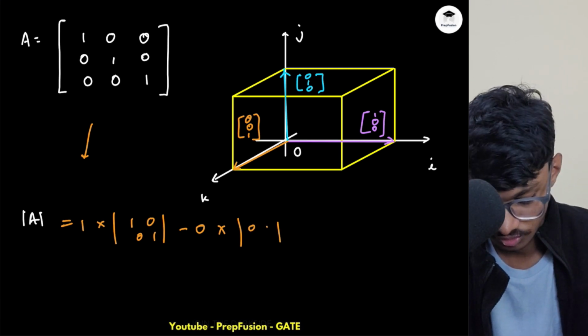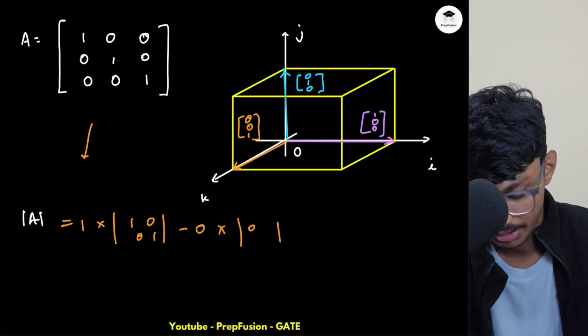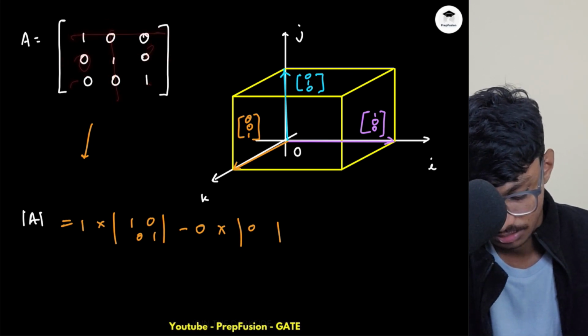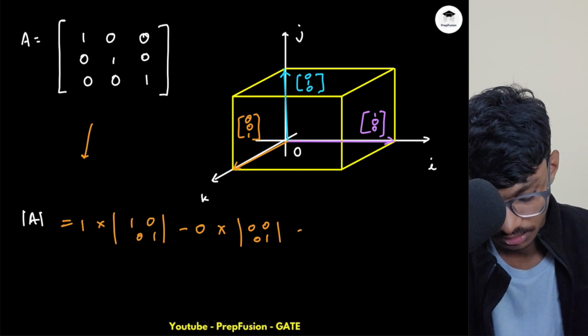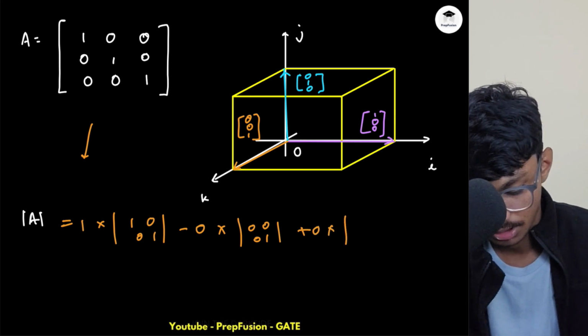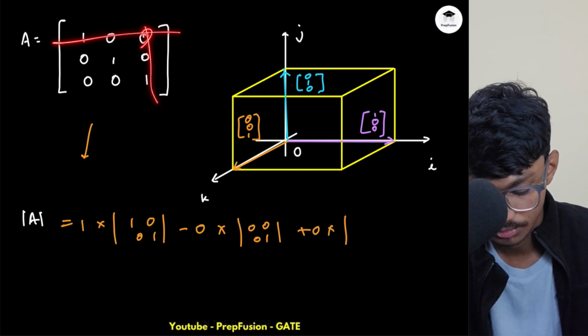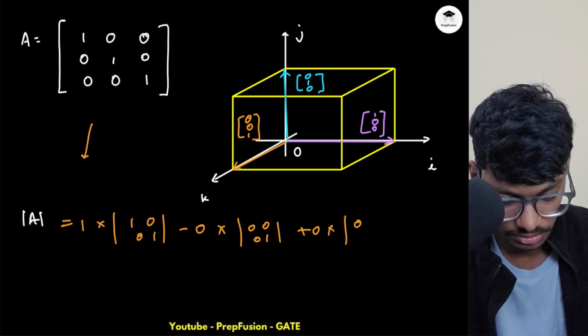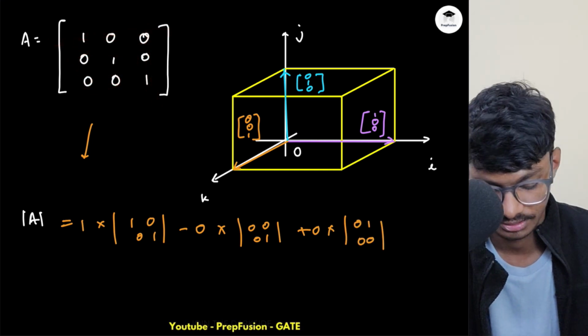I'm taking this one, so this will be 0 0 0 1, then plus 0 times, taking this one, this will be 0 1 0 0. It doesn't matter because you will understand these are zeros only.